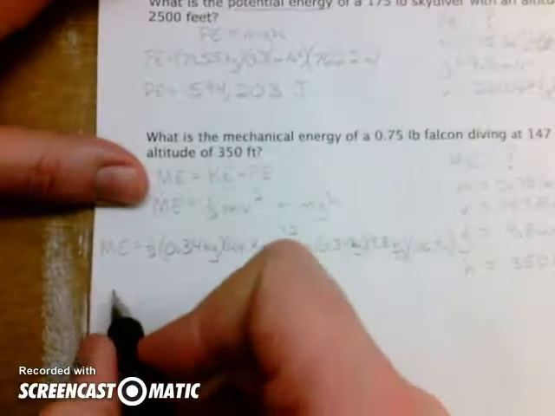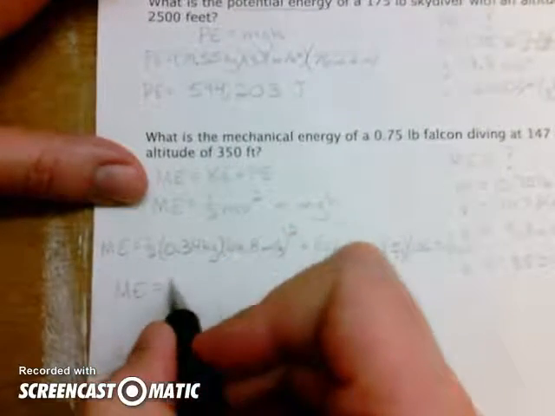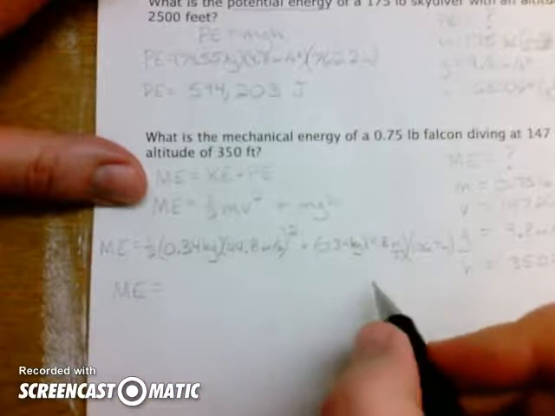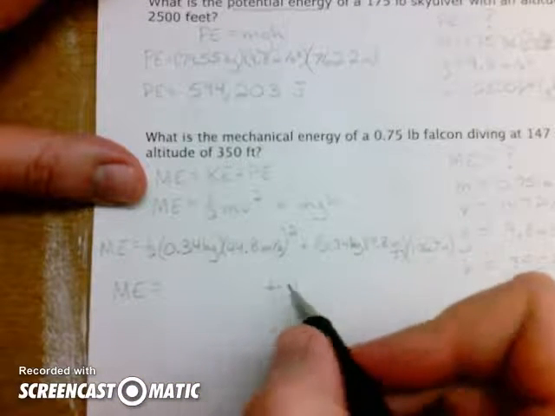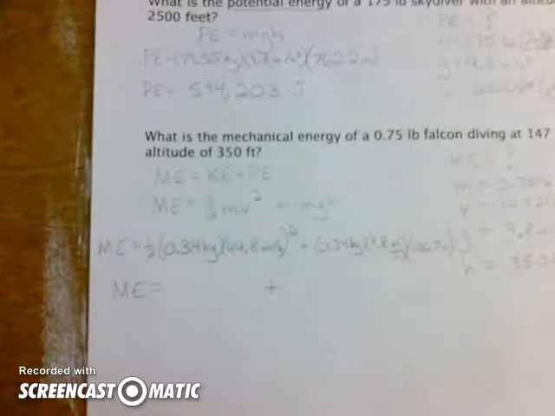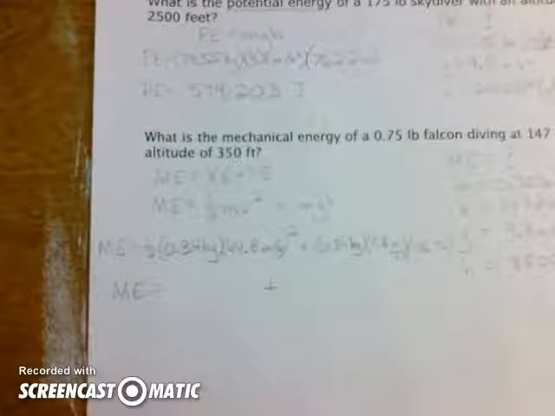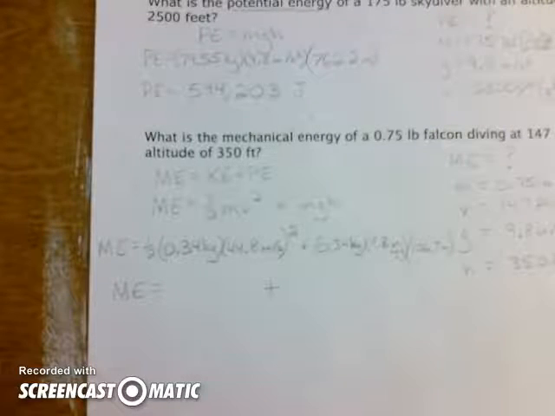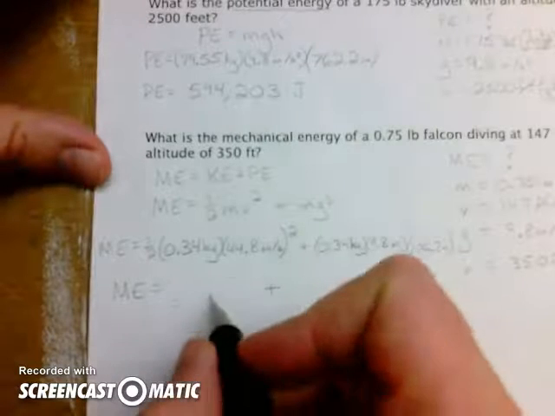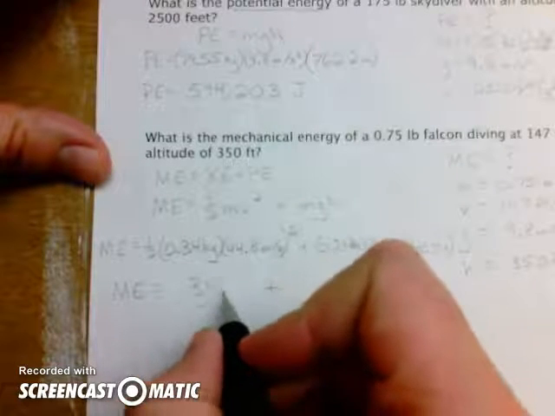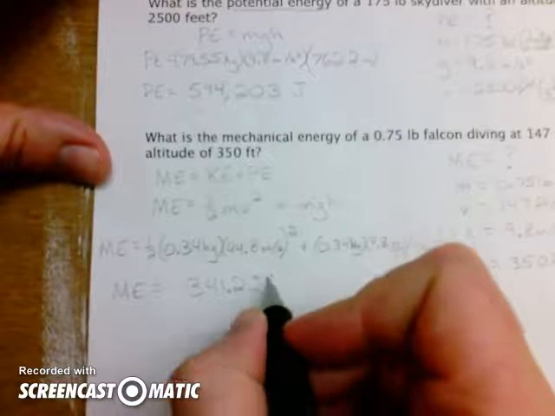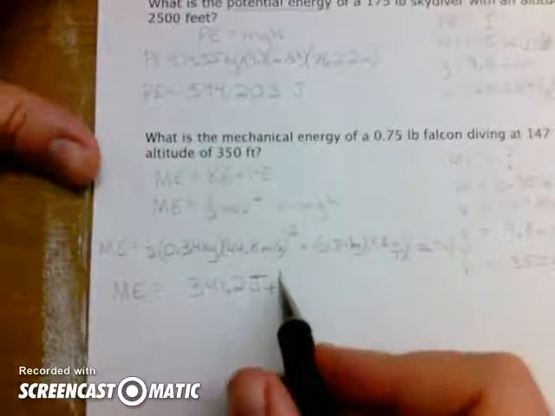Okay, so let's do this first, write it down, do that second, write it down, and we'll add them together. 1/2 times 0.34, the mass, times 44.8, which I square, and I get 341.2. And that's joules. Always write down the units.